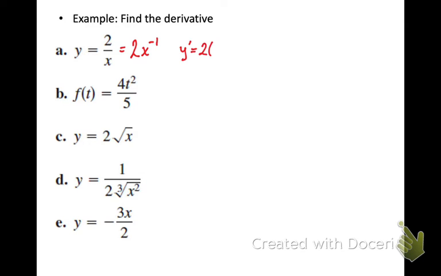It's going to be 2 times negative 1 x to the negative 1 minus 1. It's probably the last time you're going to get me to write that out. Okay. Sorry. So y prime equals negative 2 over x squared.